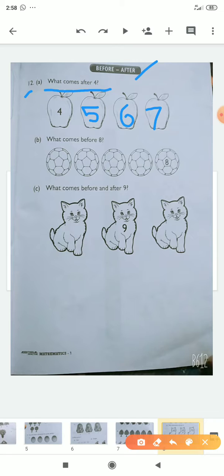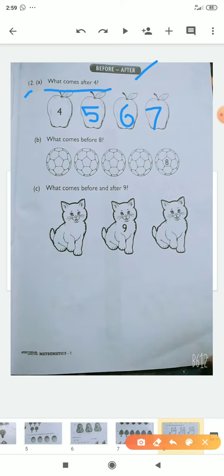Now, in question number B, what comes before 8? So here we have balls. At the last ball, 8 is written. So we have to write the numbers before 8. Okay. So what comes before 8? Anyone guess?